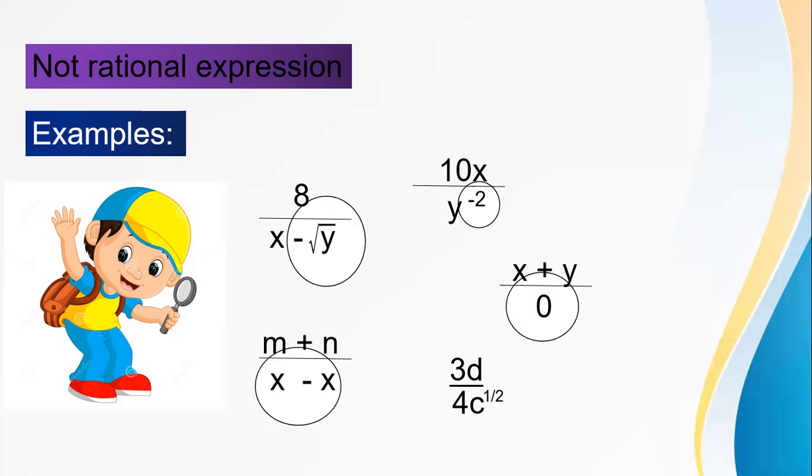But this one is not a rational expression dahil nga yung denominator mo is 0. Next, this one, we have 3d over 4c raised to 1 half. Ang ibig sabihin nito is they call it not a rational expression because of your exponent. And therefore, these examples are not rational expressions.